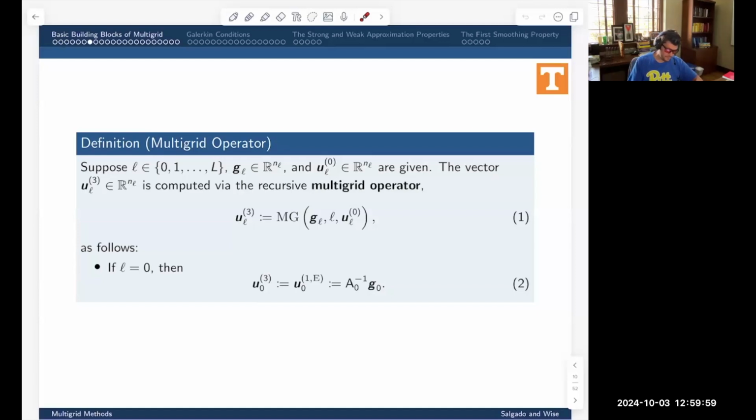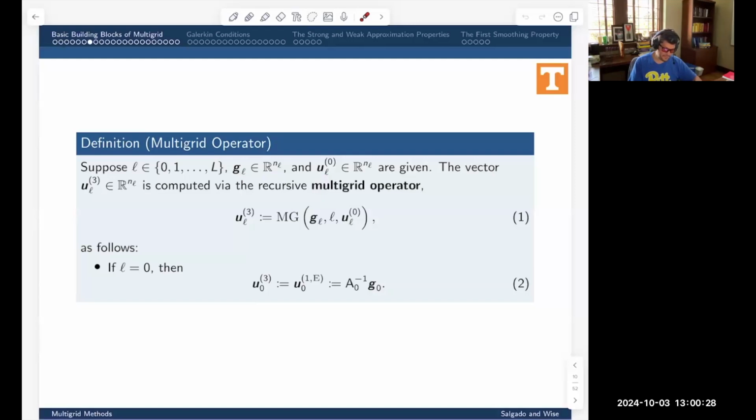All right, so I'm going to define this thing not on the finest level or the coarsest level, but on any level, including those and in between. So let L be something between the coarsest level and the finest level. That's our fixed level L. Let g_L be some given vector in level L, and u_L^0 be some given initial vector.